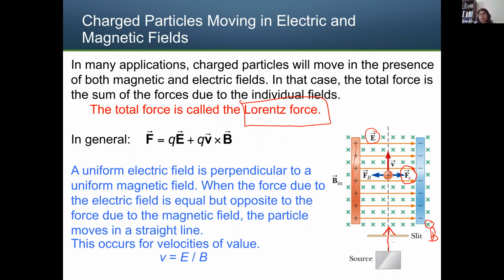If you have a particle moving vertically, use your right hand: vertical direction, magnetic field inward. Now what will happen? You have force to the left direction. That's the magnetic force, right? So now this particle has an electric force, that is Q times E, to the right. It has a magnetic force, that is QvB sine of theta, with theta 1 in this case, so QvB, to the left, right? Those are the two forces acting on this particle.